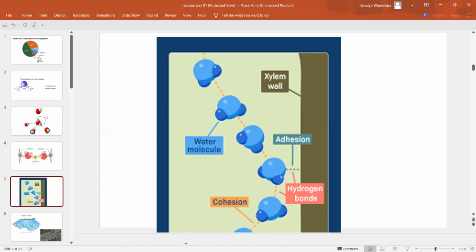Next one. Due to adhesion between water molecules and cell wall, helps in conduction of water and dissolved substances.